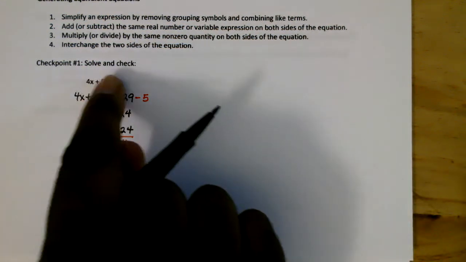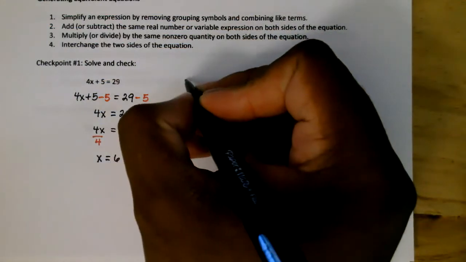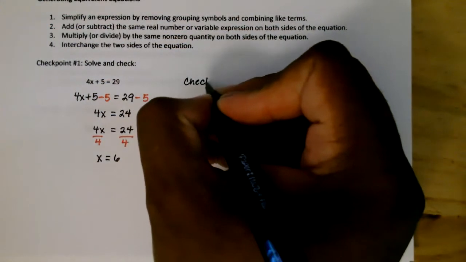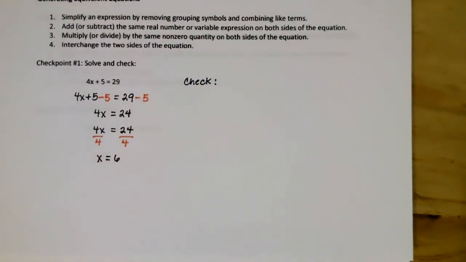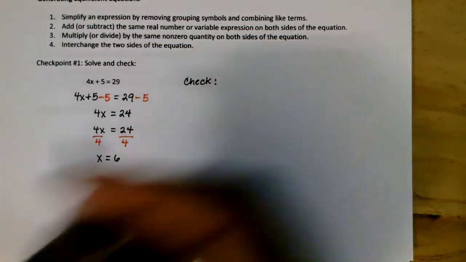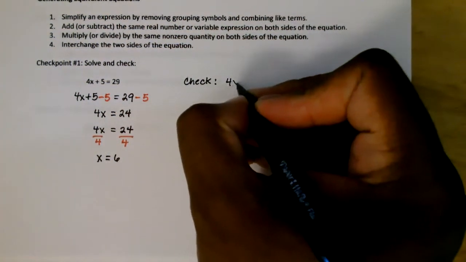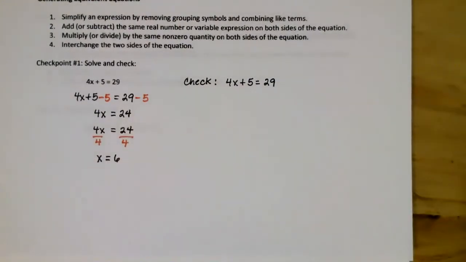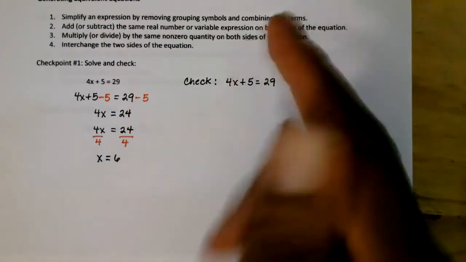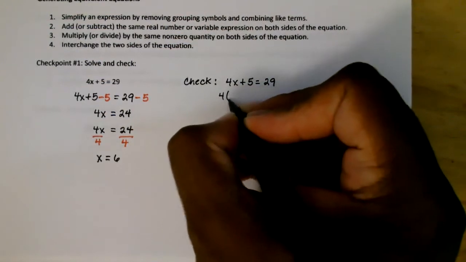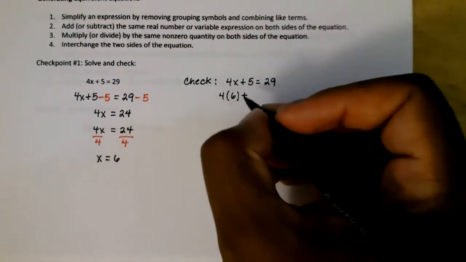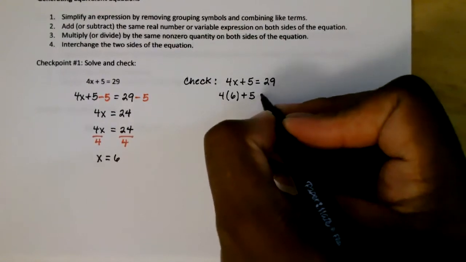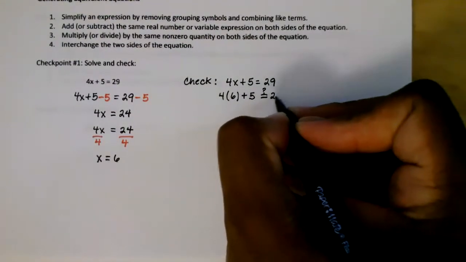However, it does say solve and check. To verify that x equals 6 is the solution for this linear equation, I need to do the check. I take my original equation, 4x plus 5 equals 29, and substitute the x with 6. So I have 4 times 6 plus 5, and I want to know if that equals 29.